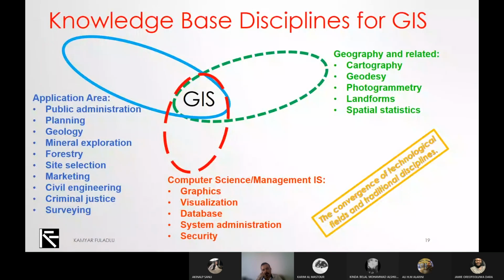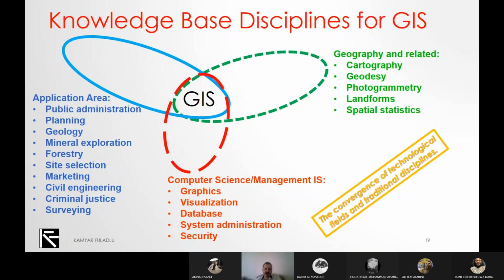If you are looking for a knowledge-based discipline for GIS, we have a different bunch of applications based on the discipline. In computer science, we have graphics visualization, database, system administrator, and security, all those people involved in this discipline.